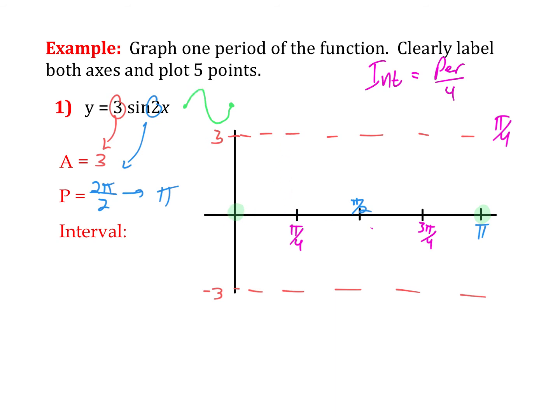So the next step out, I'm going to be back up to the top. And then it looks like we come back down through the middle and down to the bottom. So back down through the middle and then to the bottom. And there's my 5 points. To the best of my ability, I'll connect with a straight line. Or not a straight line, a nice curve for the sine graph.